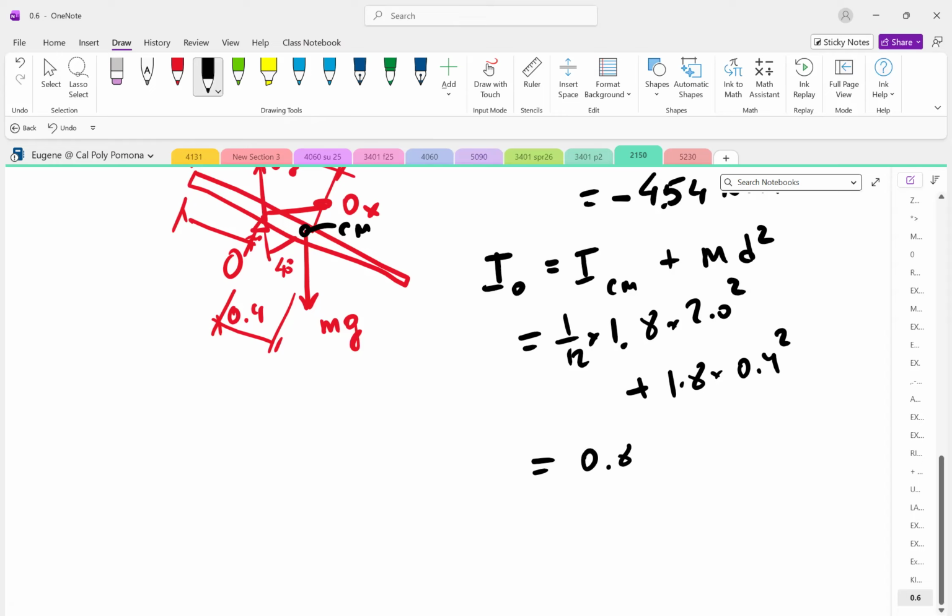That's going to be 0.888 kilogram meter squared.